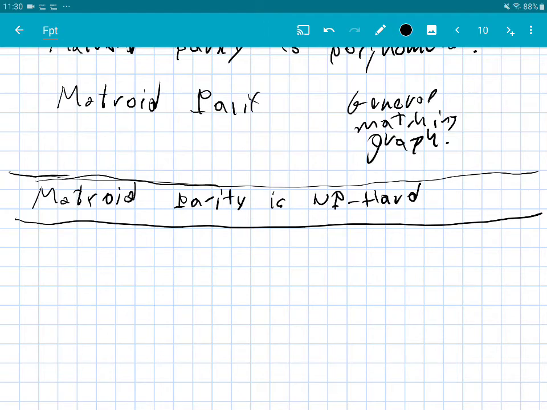For general Matroids, usually the assumption is that all you have is oracle access, and then you don't really have an easy solution. The intuition is that if I give you the Matroid using only oracle access, then you're really dealing with a set system that potentially has an exponential number of sets, and it's hard to handle efficiently. So Matroid parity is easily solvable only if we are in the linear setting.